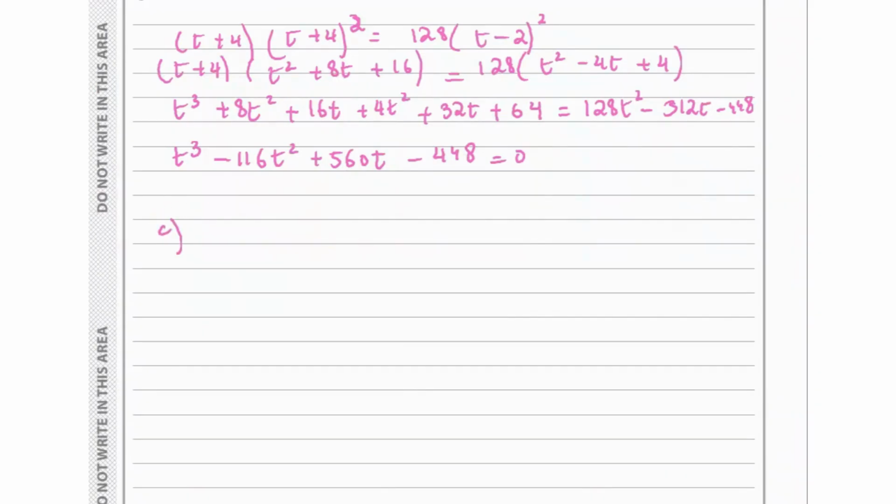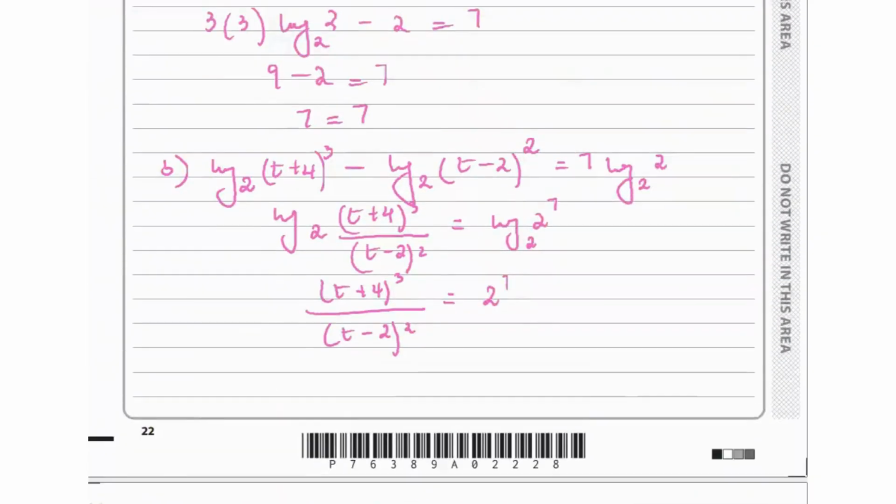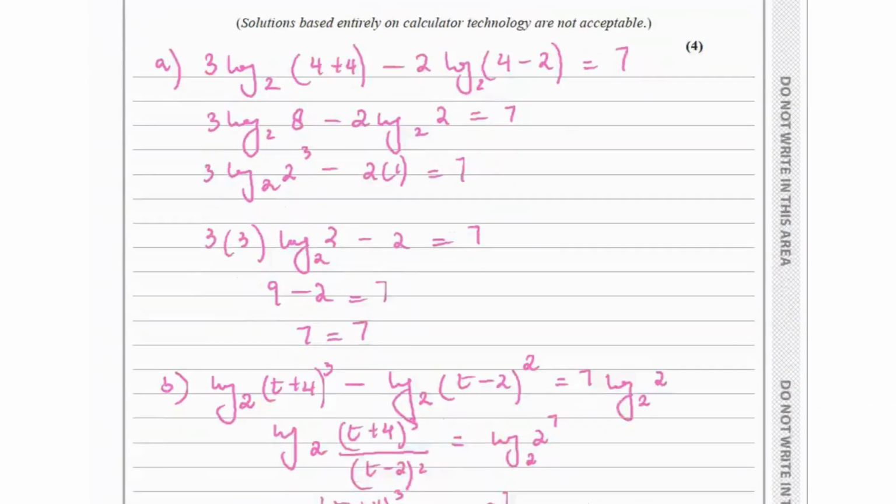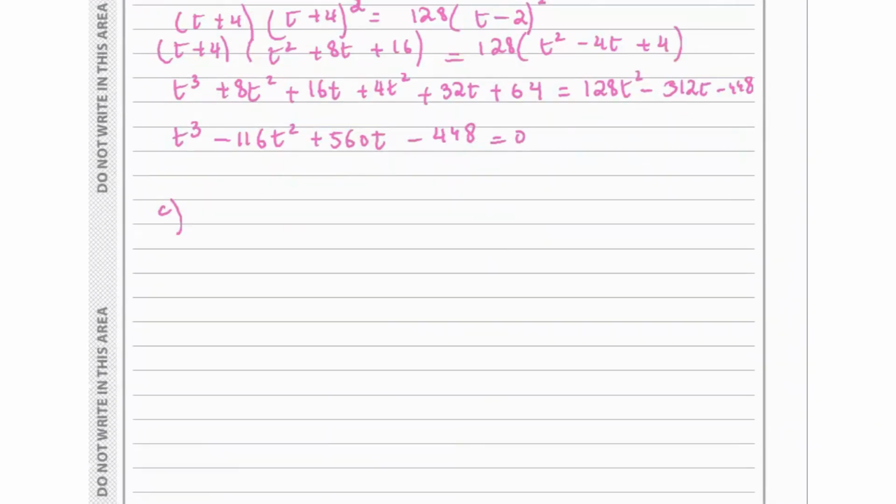Now, if we remember, the question mentions that t equals 4 is a solution of the above equation, which means t equals 4 is also a solution of the polynomial that we've created. So if we divide this by t minus 4, we can further factorize this.